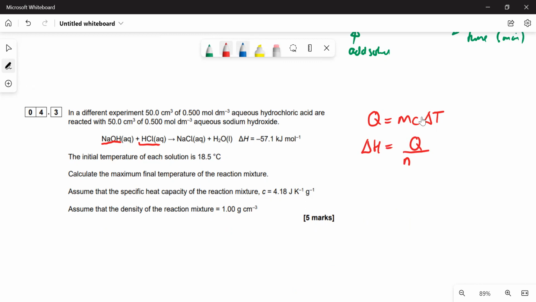Right, let's combine those two things together. We're going to get delta H is equal to mc delta T divided by the number of moles.